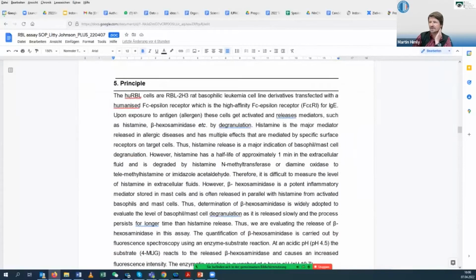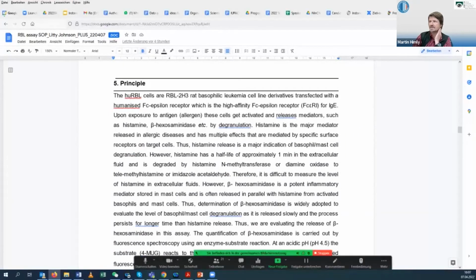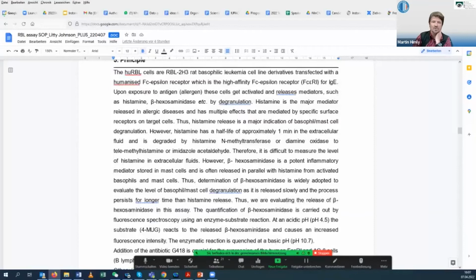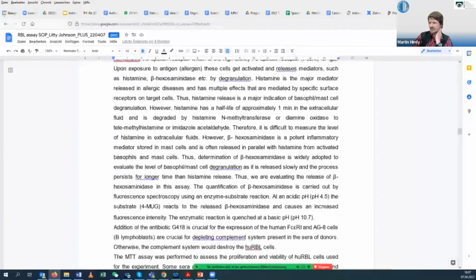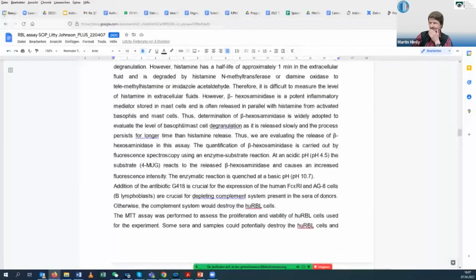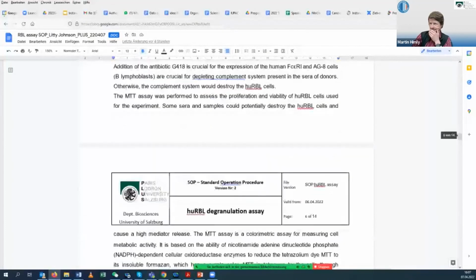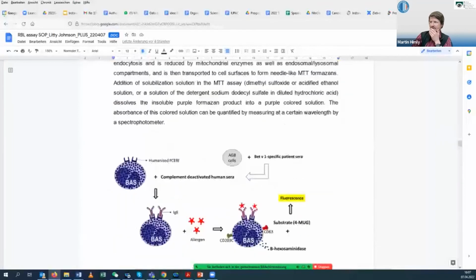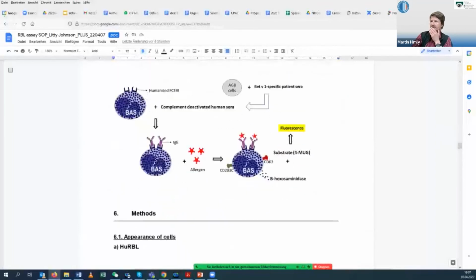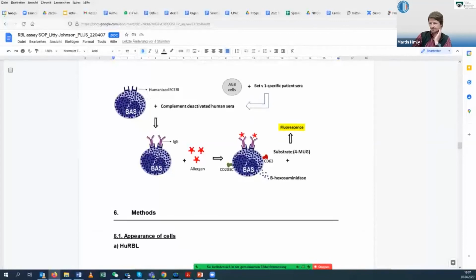Then here, the principle is explained, what I have basically explained to you, with a little bit more detail, such as how this enzymatic assay is run. And here we are arriving at the scheme of the assay.